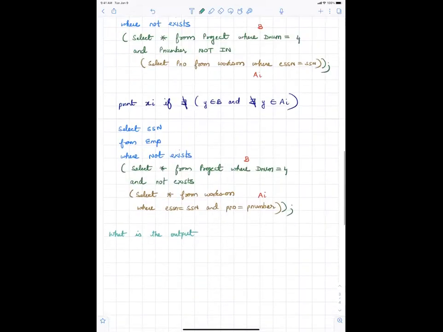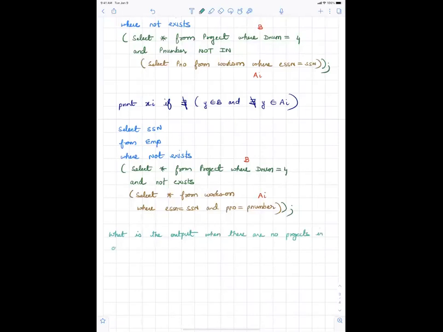So now my question is, this is the boundary condition.